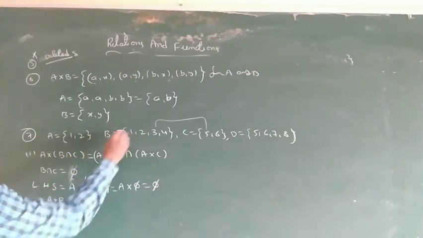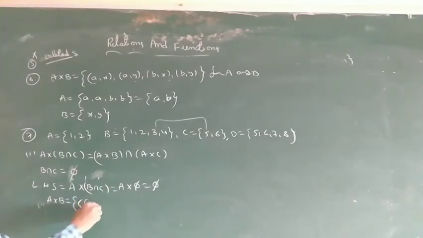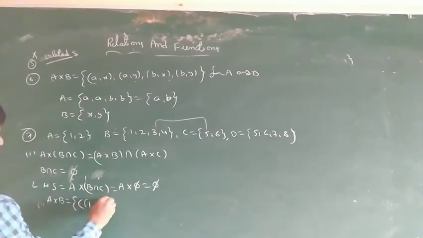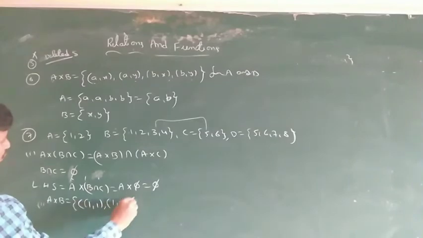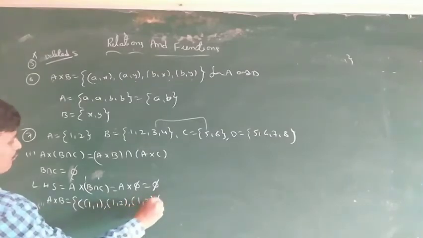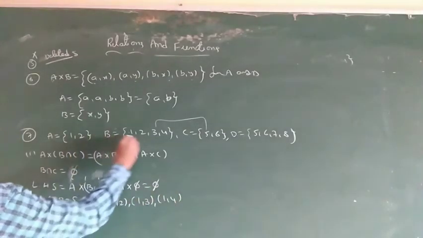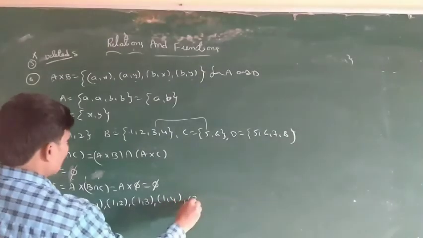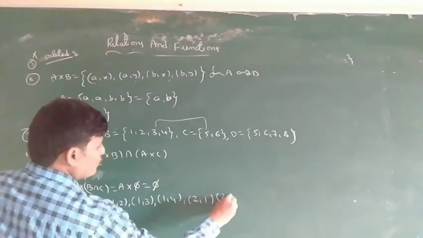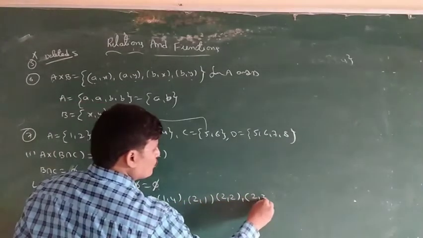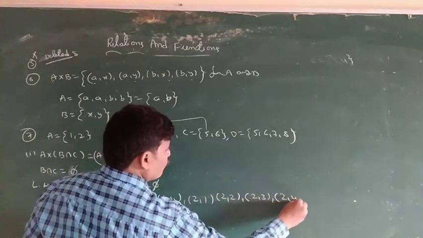Next, A cross B is equal to (1,1), (1,2), (1,3), (1,4), (2,1), (2,2), (2,3), (2,4).